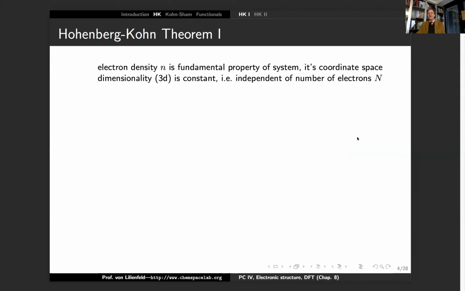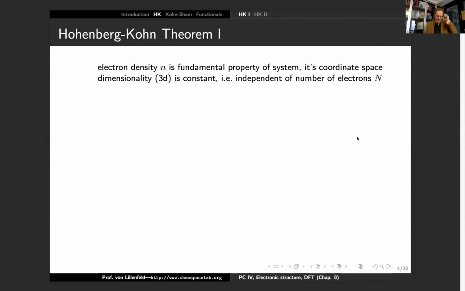All right, in our chapter on the electron density, we discussed already the Hohenberg-Kohn theorem, and in particular the proof. I'd like, just for the sake of completeness, to briefly recapitulate this today. Now, the fundamental assumption is that the electron density, in this case we use a small n, instead of rho, of course you can also use the Greek letter rho, it doesn't matter.